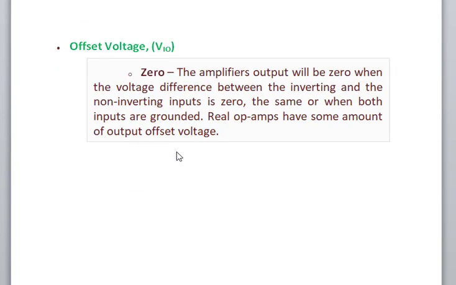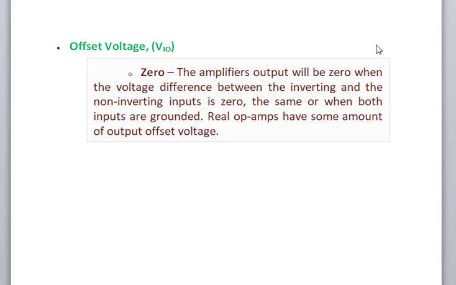And the offset voltage. What is offset voltage? This operational amplifier generates an output voltage without any input voltage. But generally, an amplifier should not produce any output if there is no input signal.